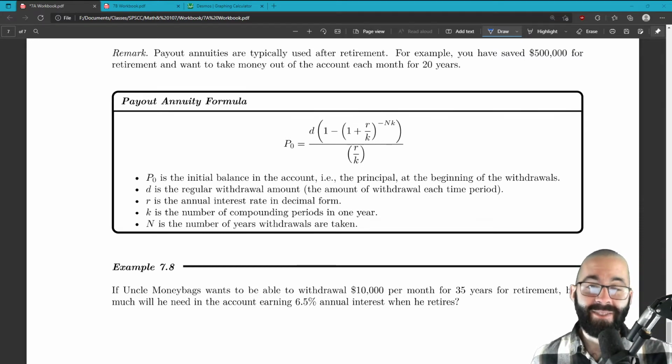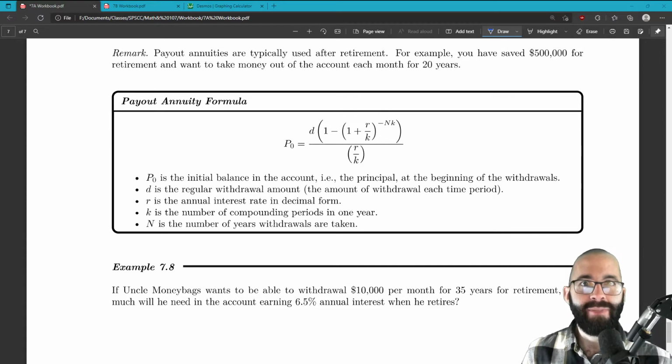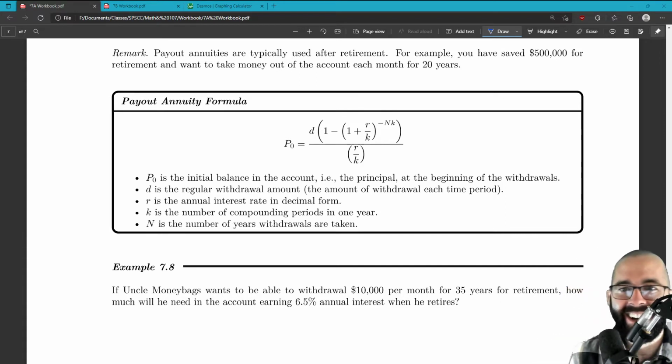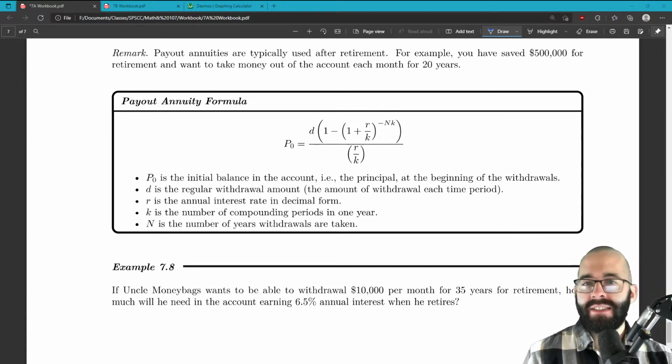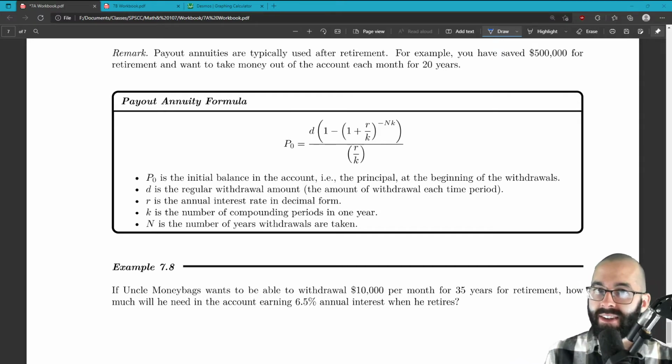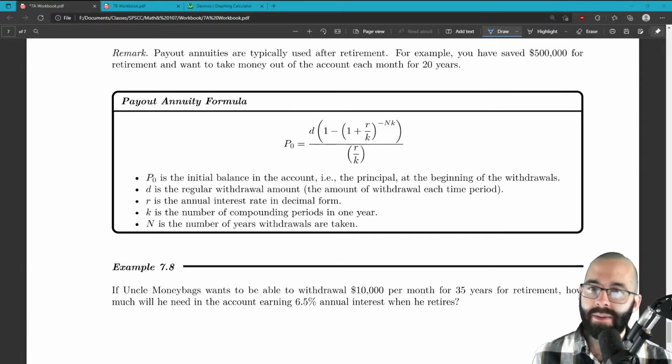Add that to the list of things I'm not going to talk about, because there's so much fun math to talk about. The formula is very similar to the annuity formula. This is our payout annuity formula, for when we're withdrawing after, say, retirement.